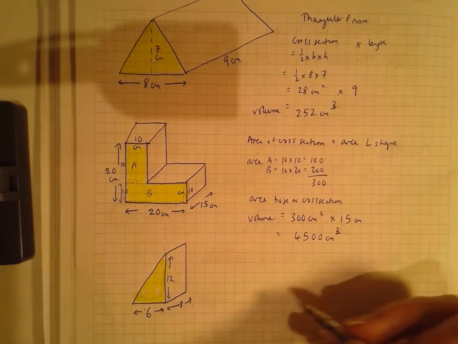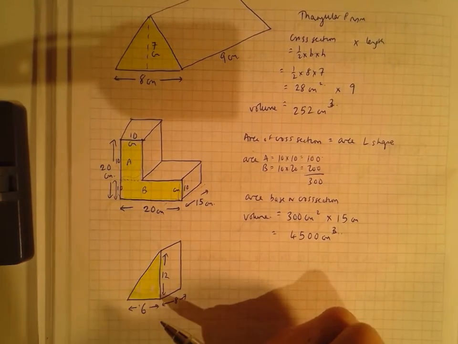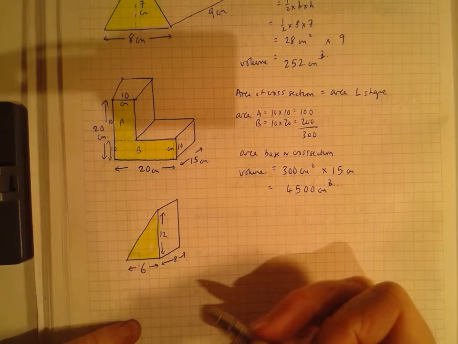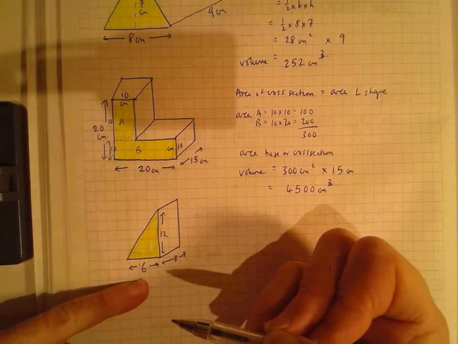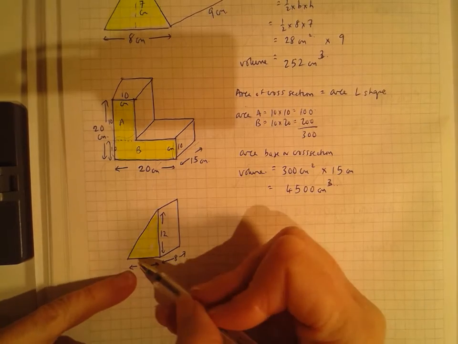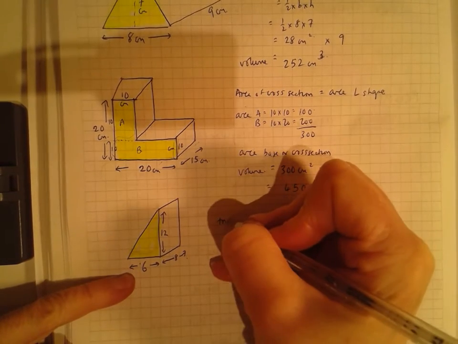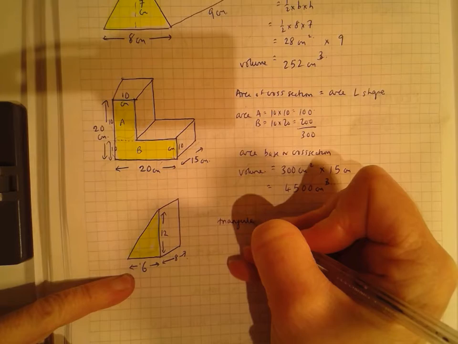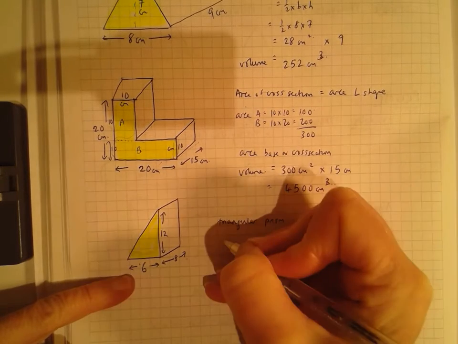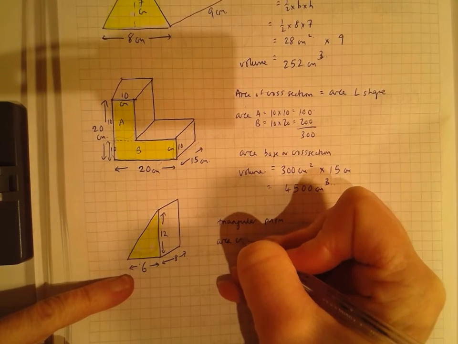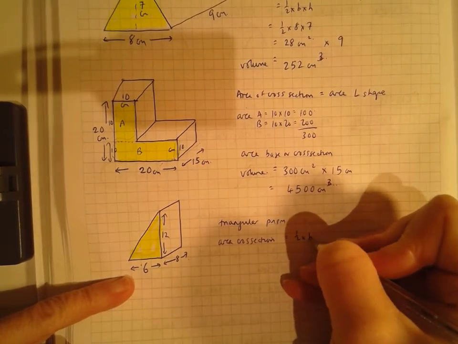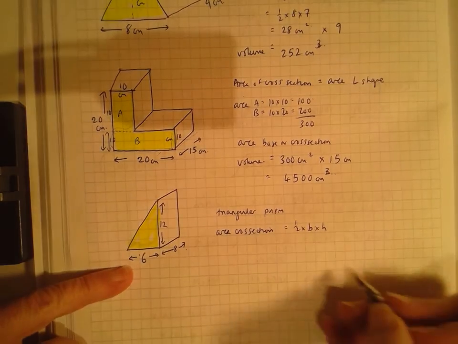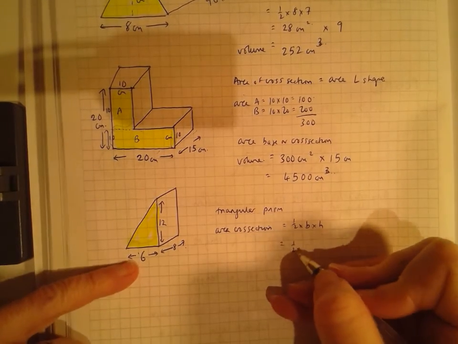And then this last one here, again, it's another triangular prism. It just looks a bit weird. So this is the cross section, and it goes through there. I suppose it looks a bit like a wedge of cheese or something. So again, it's a triangular prism. So the area of the cross section is going to be a half times base times height, which equals a half times 6 times 12.